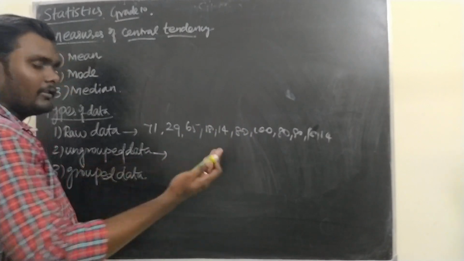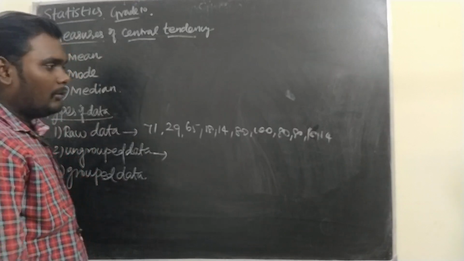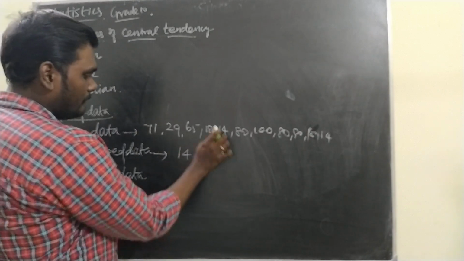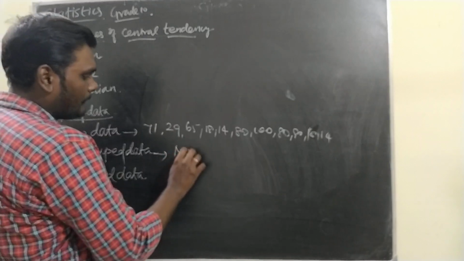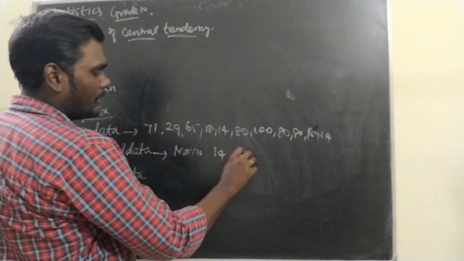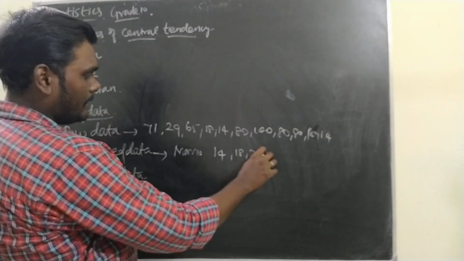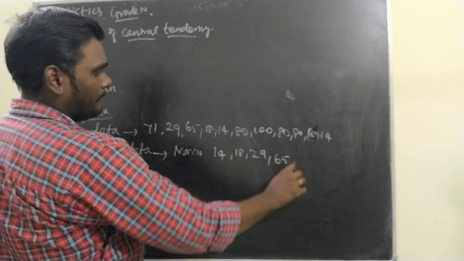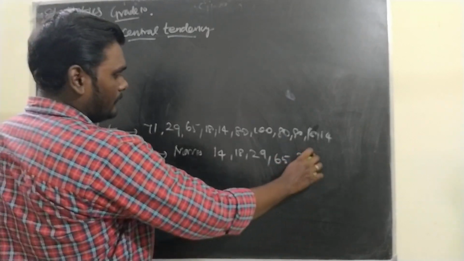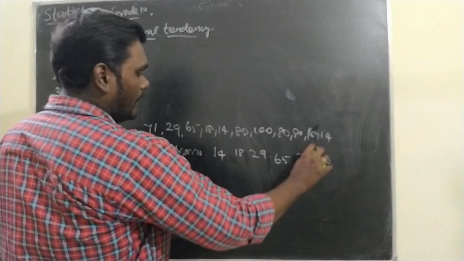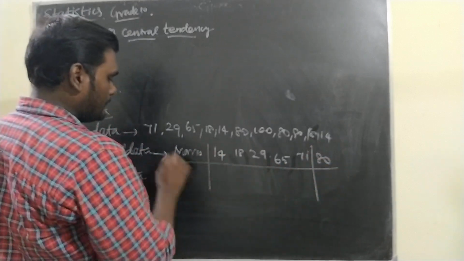So we need to arrange those things in ascending order. What is the ascending order? These are marks secured by the students: 14, 18, 29, 65, 71, 80. So I am putting a box.